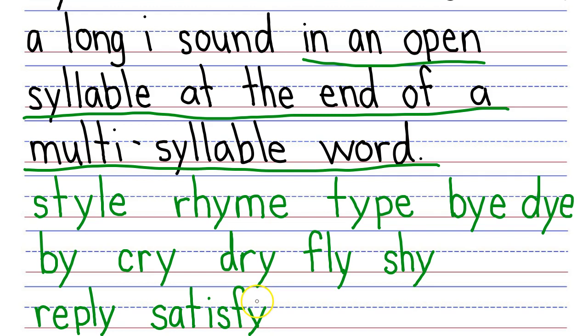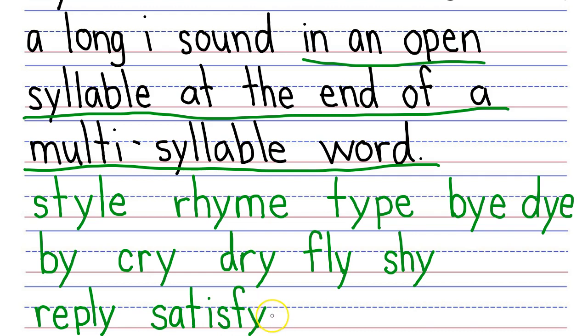So, when vowel Y is in an open syllable at the end of a multi-syllable word, it can make its long I sound. So here's vowel Y in an open syllable at the end of a multi-syllable, in this case a three-syllable word. And so the rule applies, and it makes its long I sound, I. Sat, is, fy. Say it together fast.